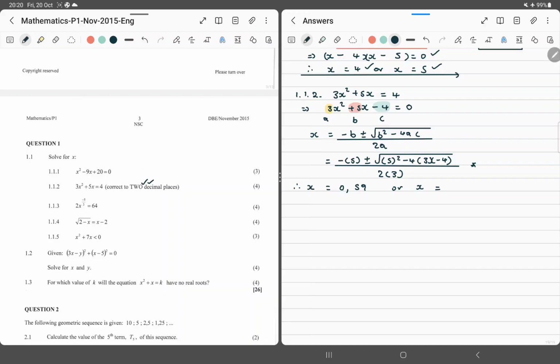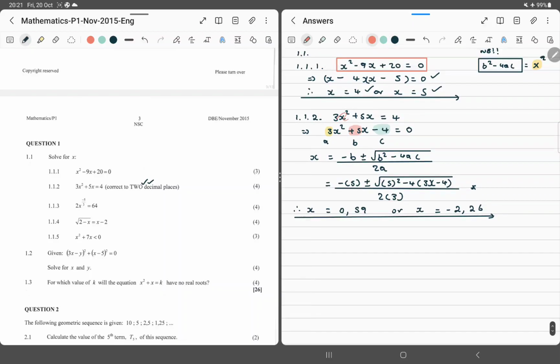The next solution here is minus 2.26. Again, folks, don't be excited that you just completed the task. Check these solutions against the original. Obviously this is not a whole number, so we're going to have to round off to the nearest integer.